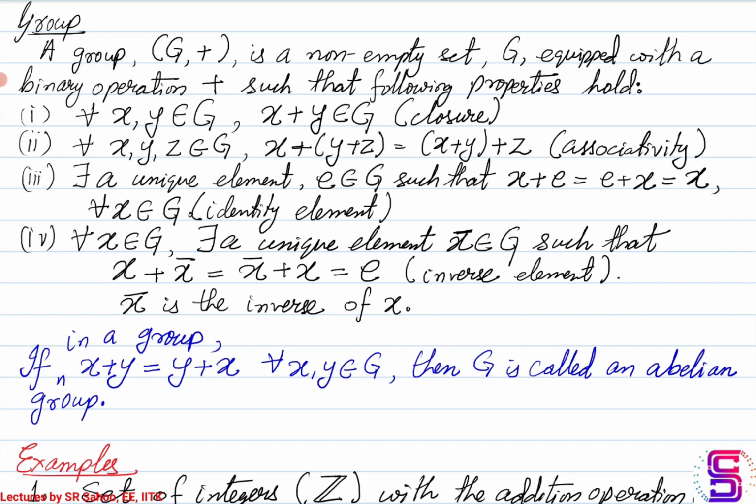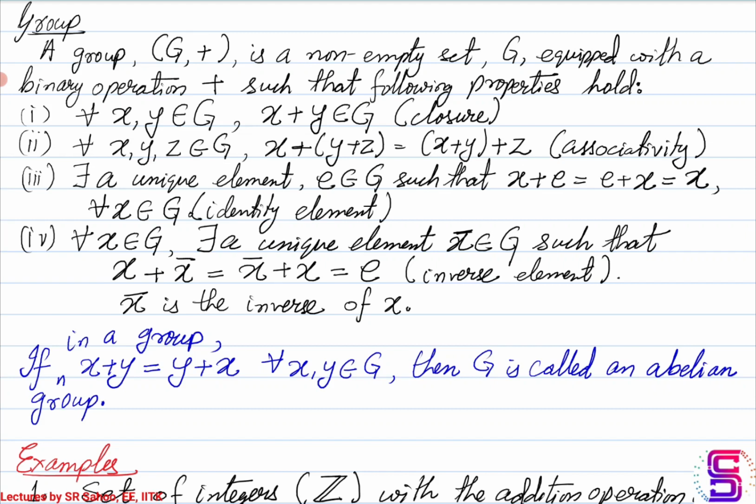For example, if x is an element in G, then x operated with E using the binary operator plus will always give you back x. Similarly, E operated with x will also give you back x.